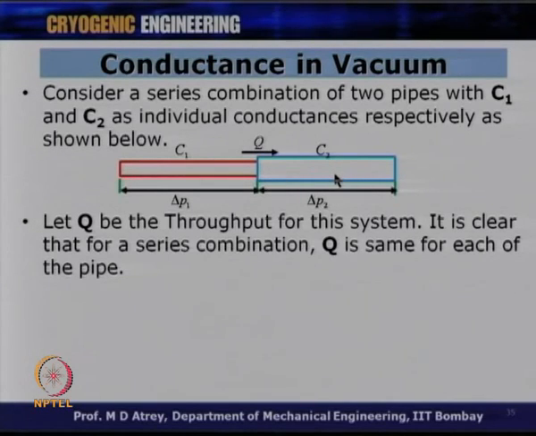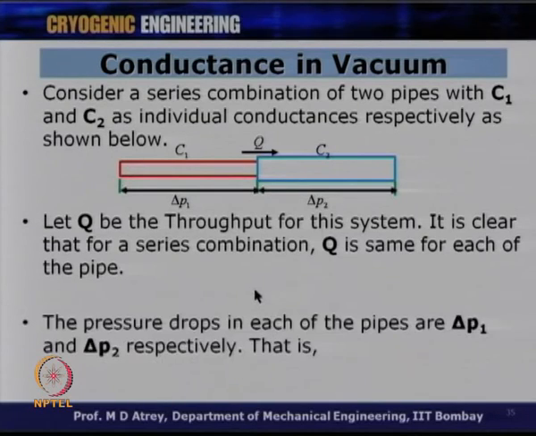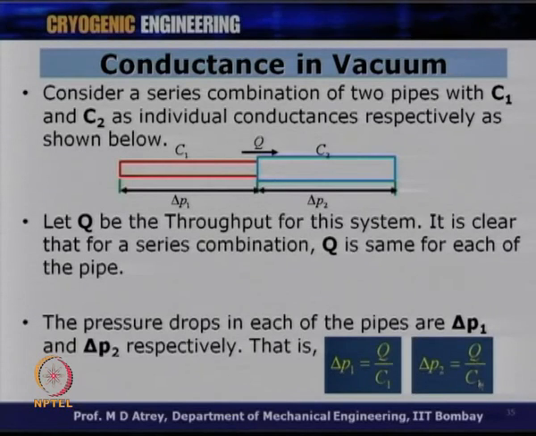It's similar to I. I is the same when it is entering at this point and it's going through this particular resistance. The pressure drop in each pipe are going to be delta P1 and delta P2 respectively, and therefore, we can say delta P1 is equal to Q by C1. C1 and C2 are conductances of this pipe of different dimensions and length. Accordingly, we will have delta P1 is equal to Q by C1, delta P2 is equal to Q by C2.